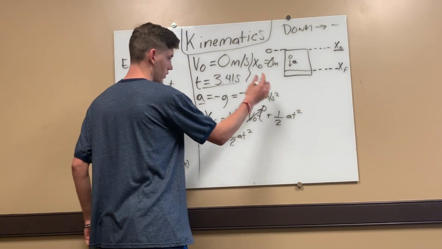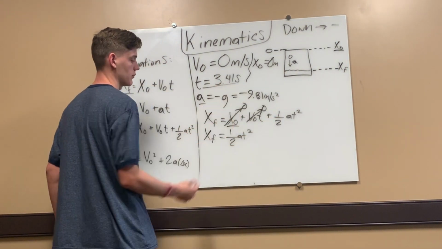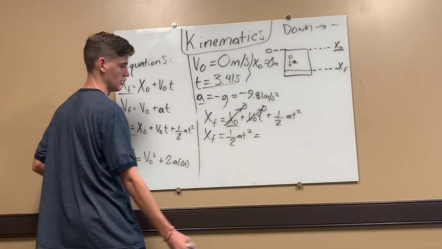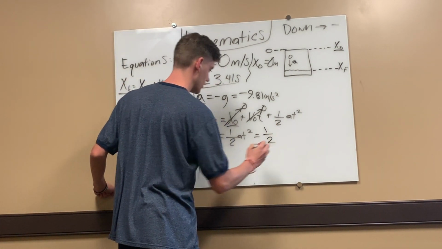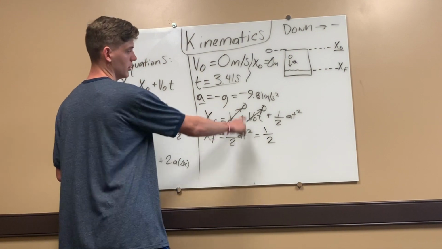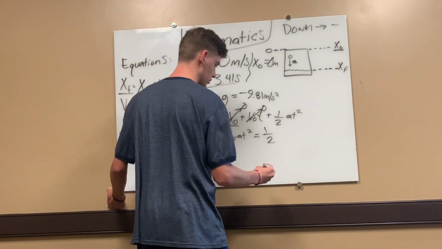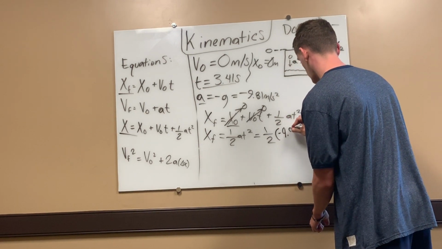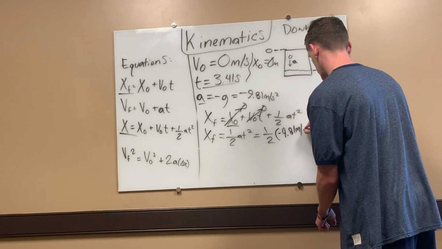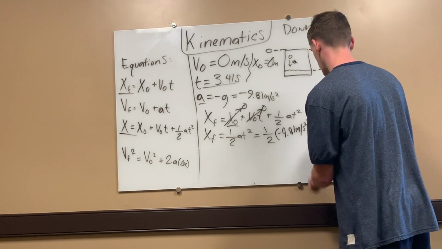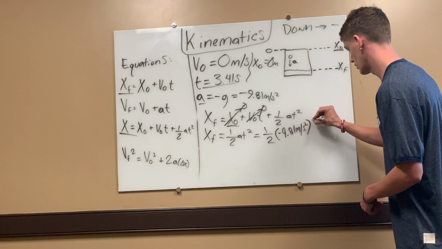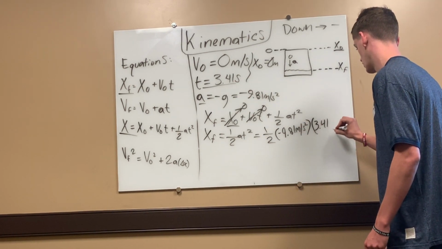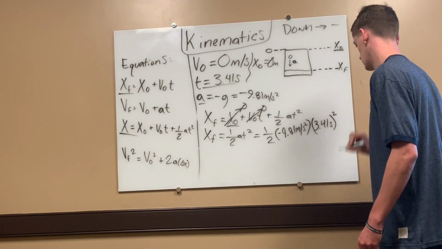Given the variables we've already found and the time the problem gave us, the final position is going to be 1/2 times a, which is negative g, negative 9.81 meters per second squared, times t squared, which is 3.41 seconds squared.